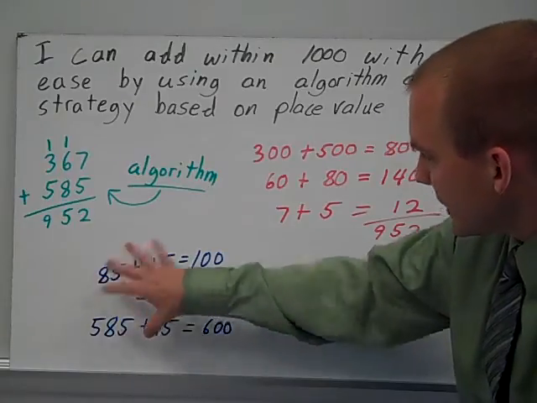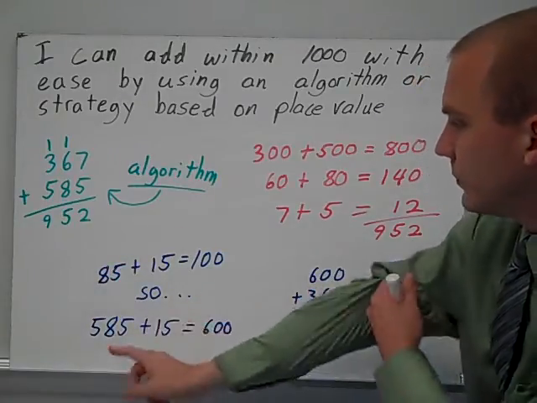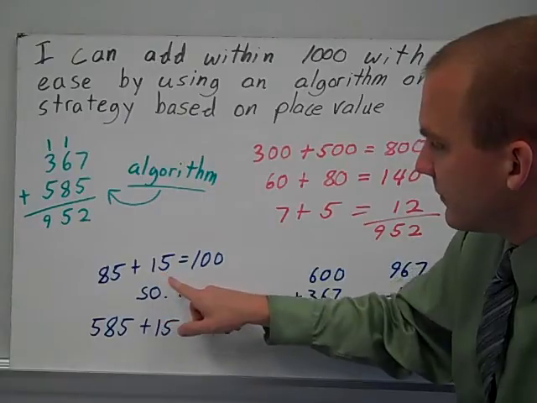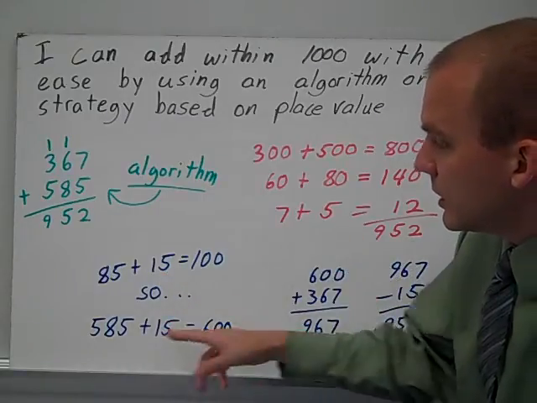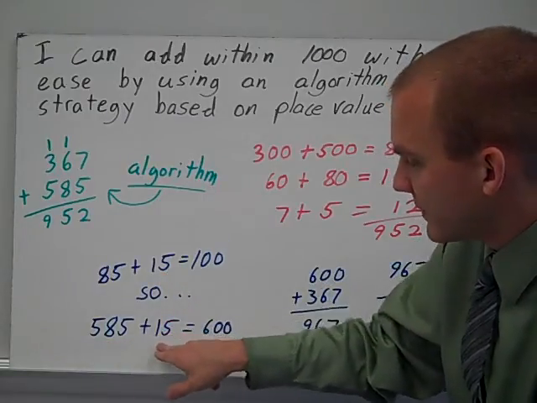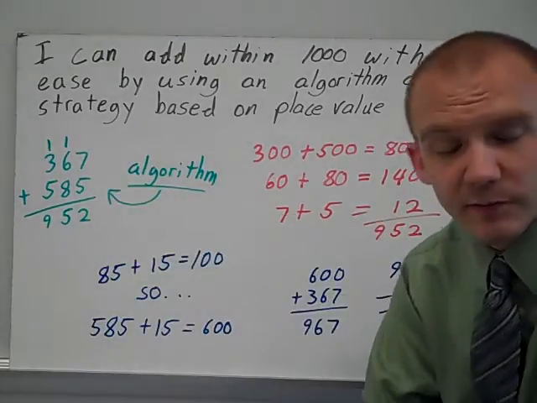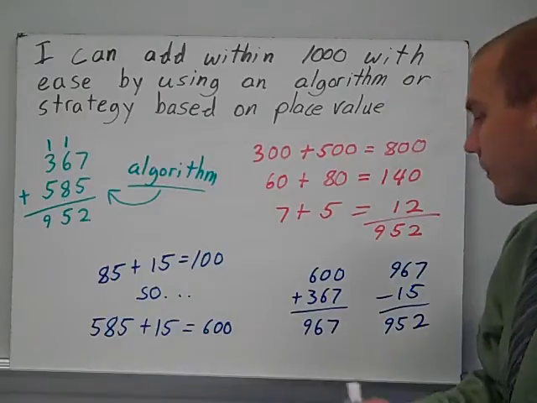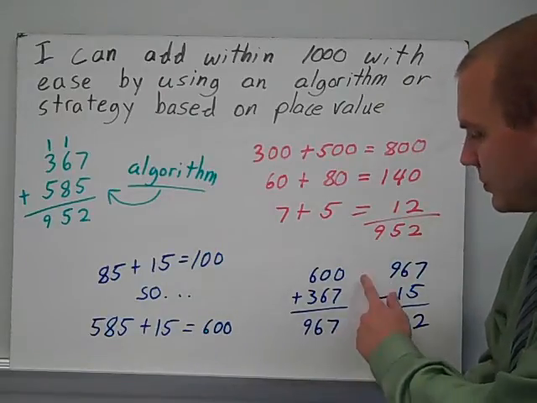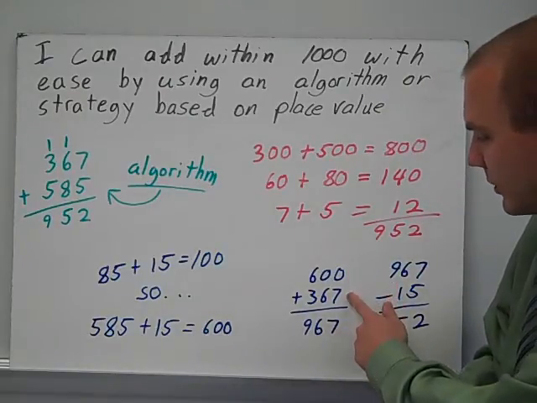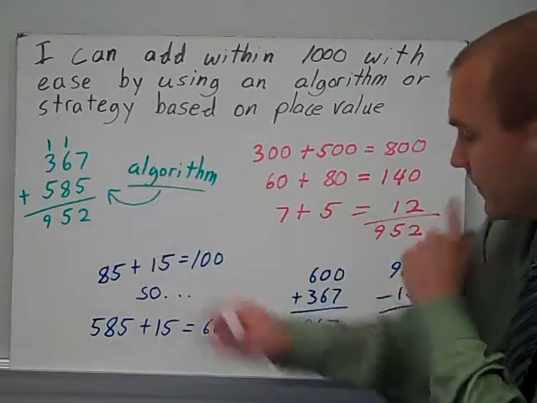Here is just another way to think about it. You could do 85 plus 15 is 100, okay. So 585 plus 15 equals 600. So you take 585, make it into an easier number. And then when you add, using the standard algorithm, you add 600 plus 367.